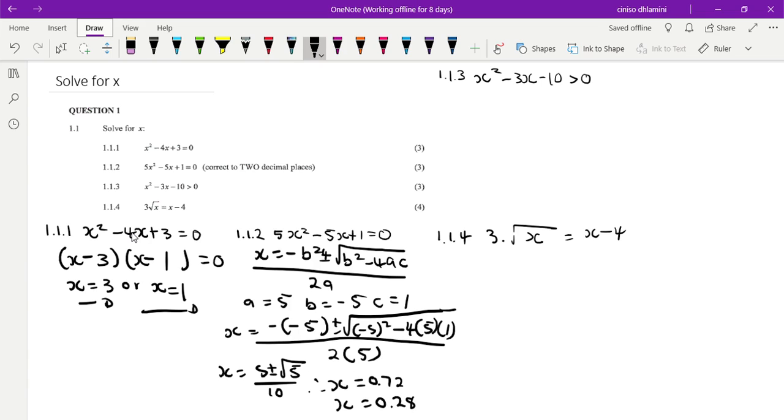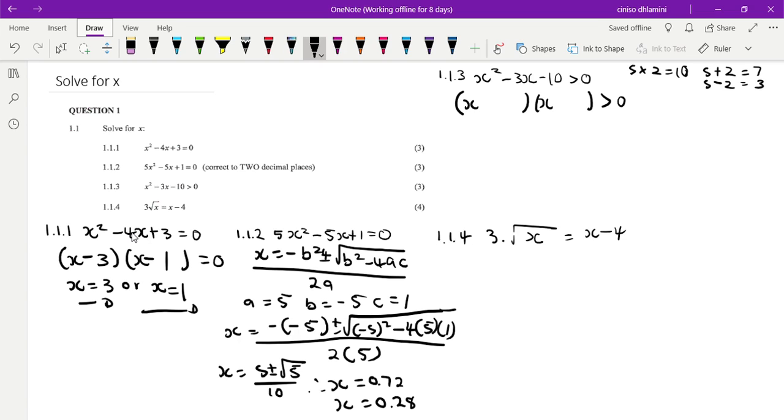1.1.3. The first thing is to factorize, greater than 0. The factors of x squared are x and x. The factors of 10: 5 times 2 gives you 10, but when you add 5 plus 2 it gives you 7. But when you say 5 minus 2, it gives you 3.